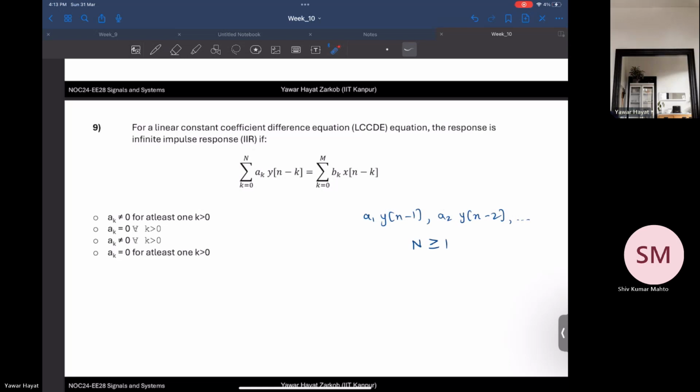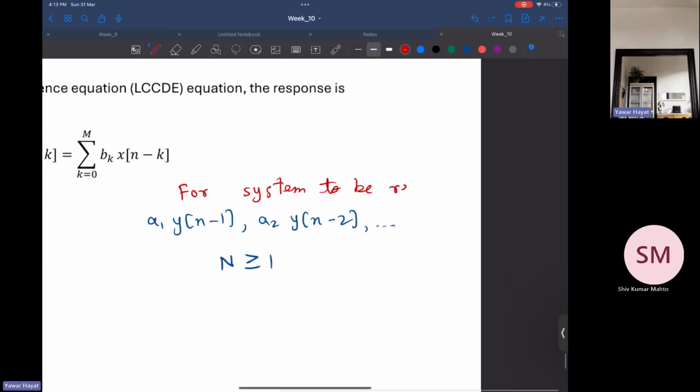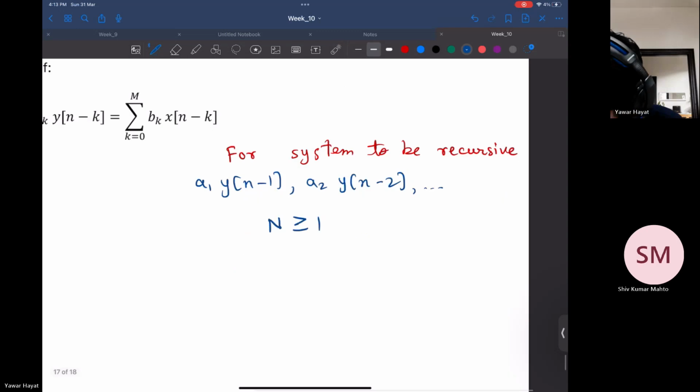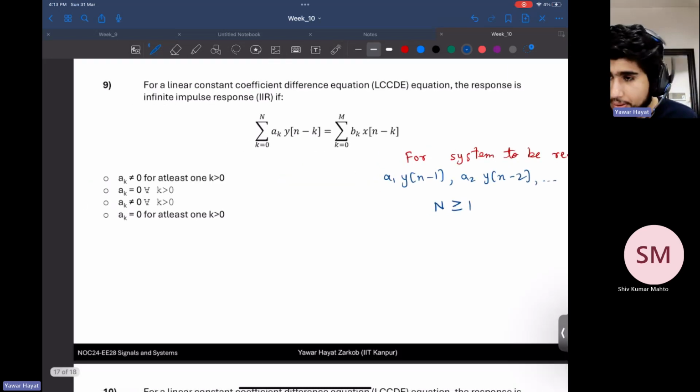Now, for the system to be recursive, if N is greater than or equal to 1, which of these options should be correct?